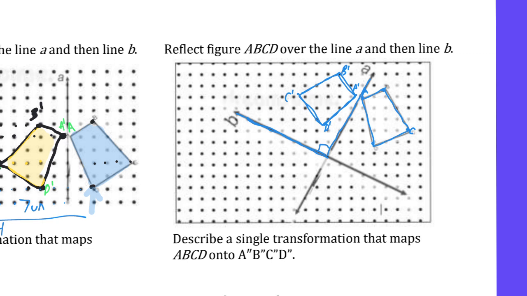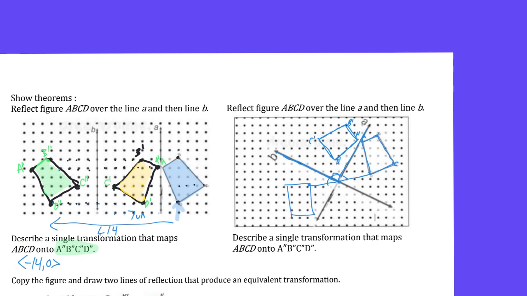Sorry, I can't use tracing paper very well on this. If you draw a line from here to the center and then a segment from here to the common point, you'll notice we did go 180 degrees. So the single transformation would be to rotate 180 degrees.